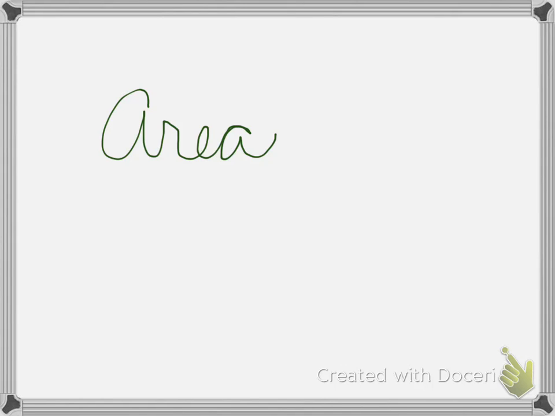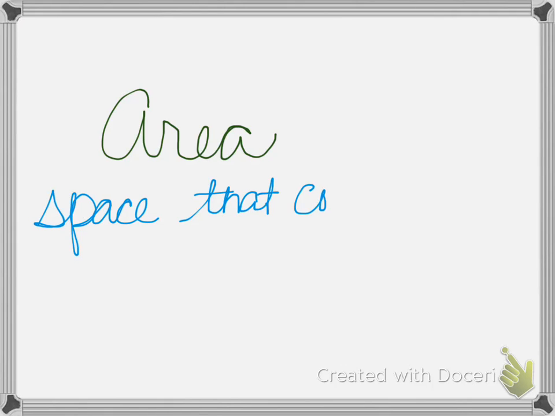Area is the space that covers something. Okay, yesterday we talked about a fence being the perimeter. Well, for the area, that would be the grass. Grass would be an area.